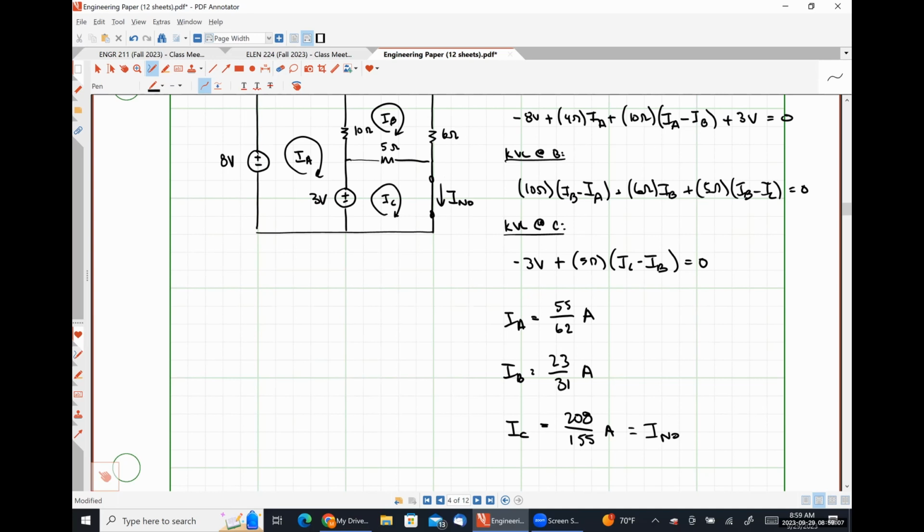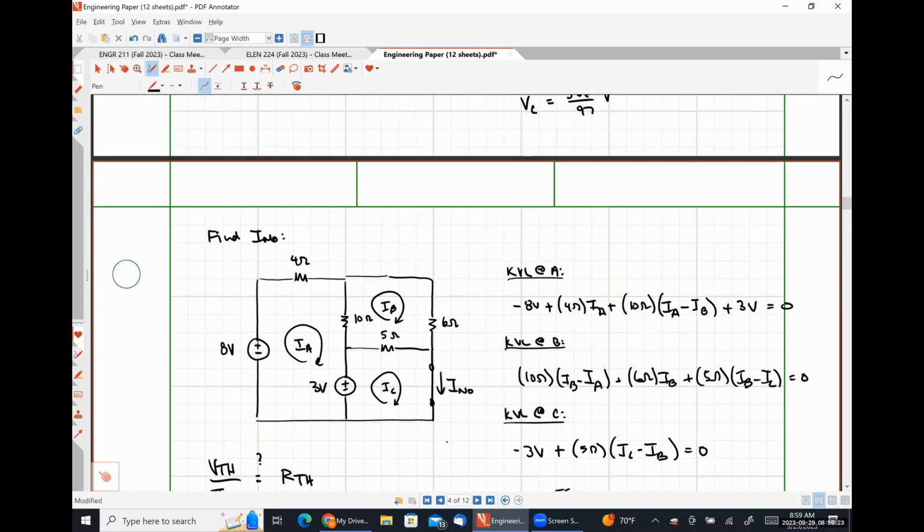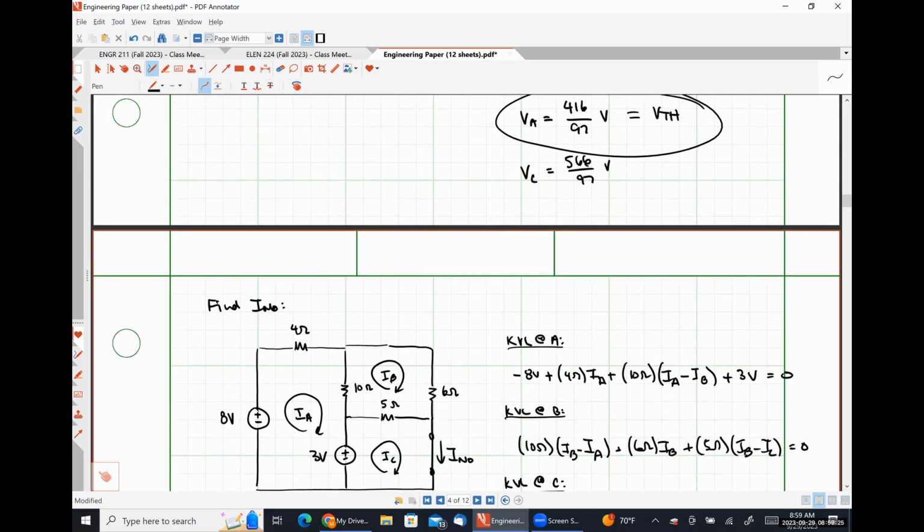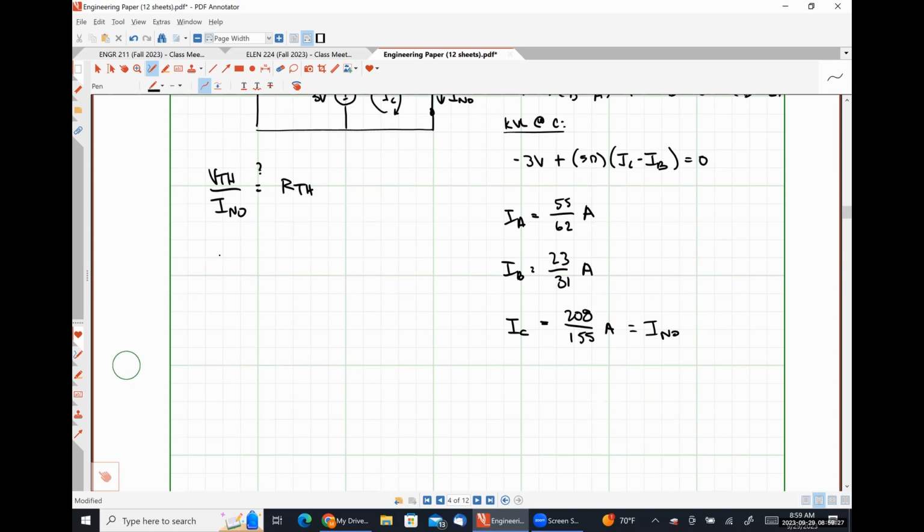So the $1 million question is, did we do all of this analysis correctly? So is V Thevenin divided by I Norton equal to R Thevenin? Well, V Thevenin was 416 over 97. I Norton was 208 over 155.